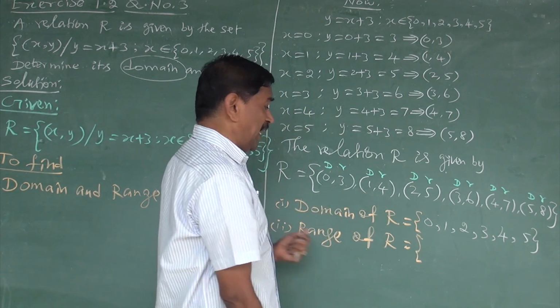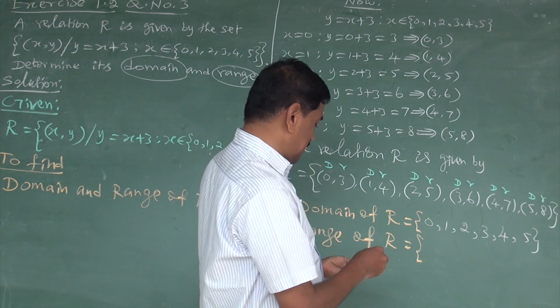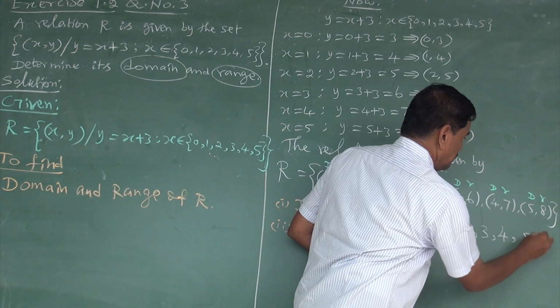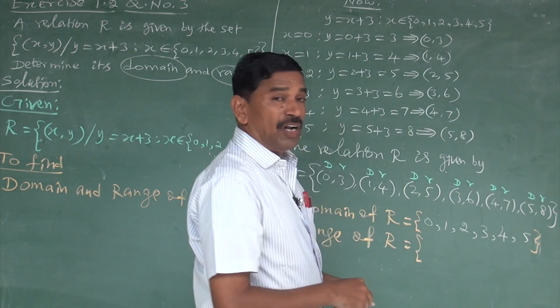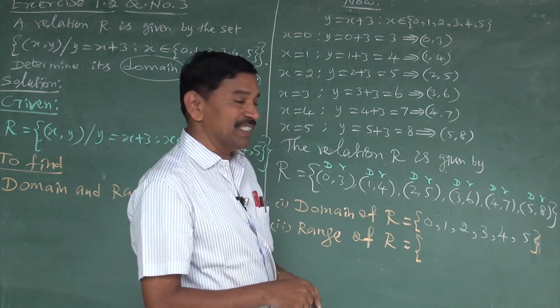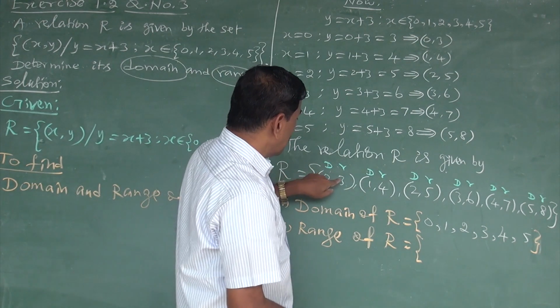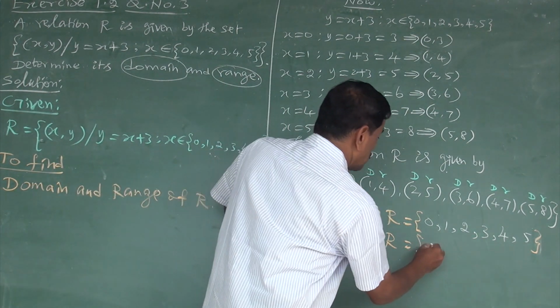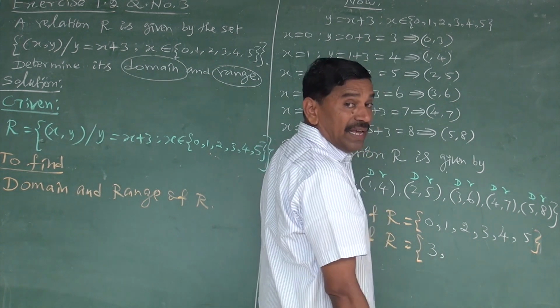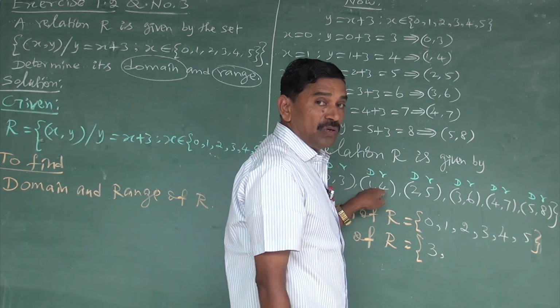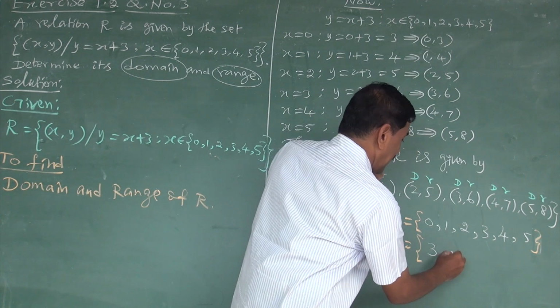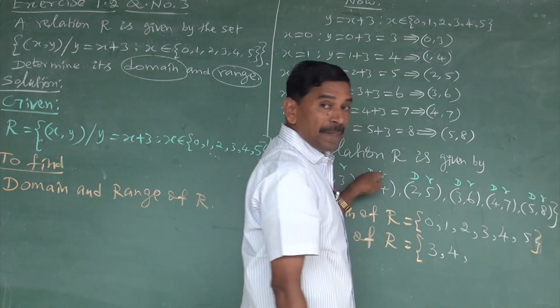Now, can you tell me the range? Anyone, range? Now, range of the relation, good. Second elements, listen. Second element 3 belongs to the set range. Second element 4 belongs to the set range, 4 comma.